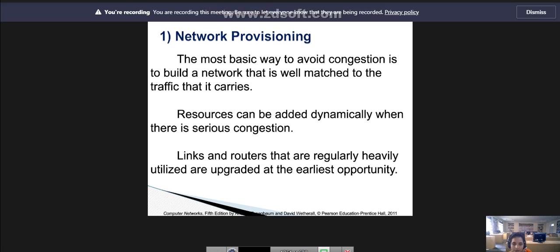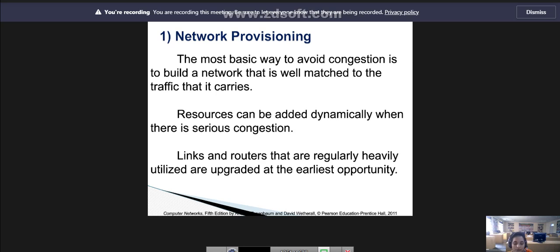Coming to the first one, network provisioning. What is meant by network provisioning? The most basic way to avoid congestion is to build a network that is well matched to the traffic that it carries. If there is a low bandwidth link on the path along which most traffic is directed, congestion is likely.